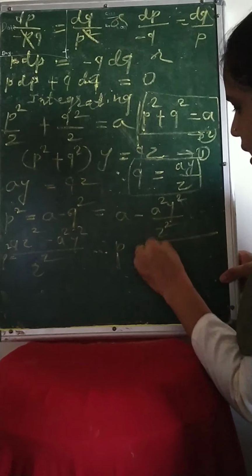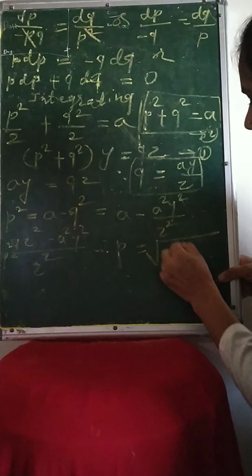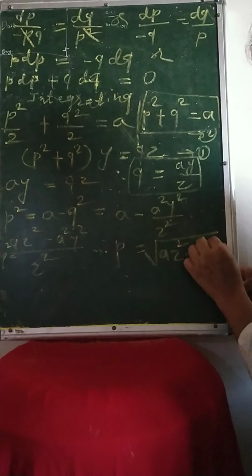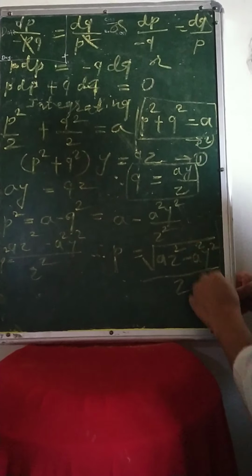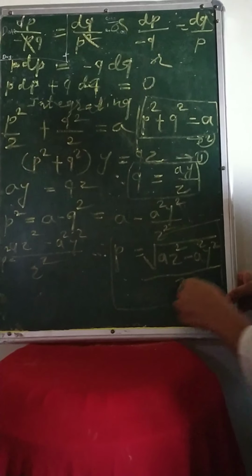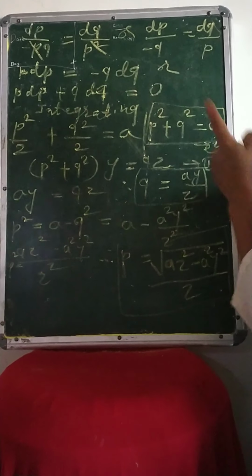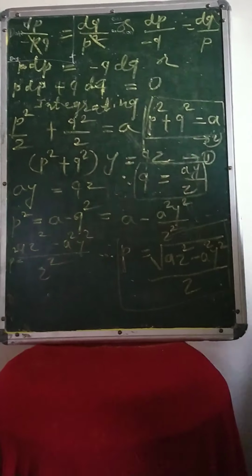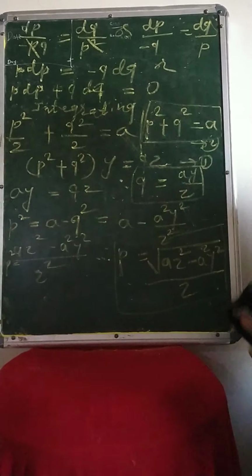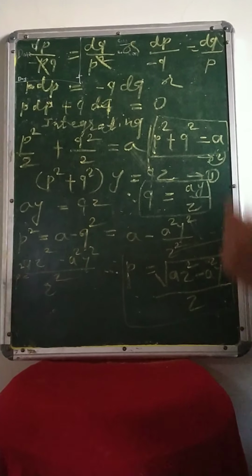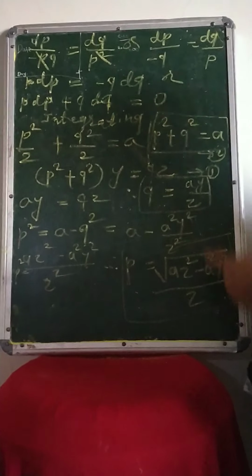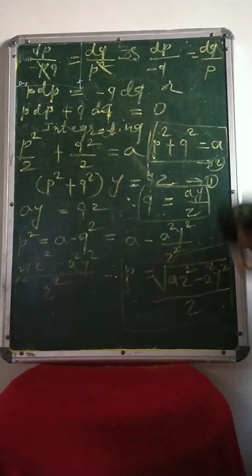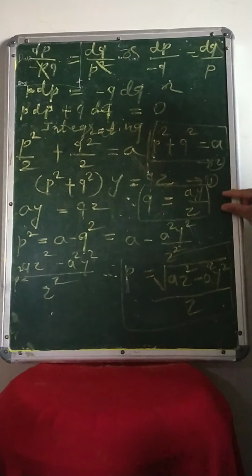So it becomes under root of (a z square minus a square y square) upon under root of z square, which is z. So in this way here we find the value of p. This is the value of q and this is the value of p. Here our problem is to find the values of p and q. Here one thing to remember is that p is independent of q and q is independent of p. In q we should not have p, and in p we should not have q.